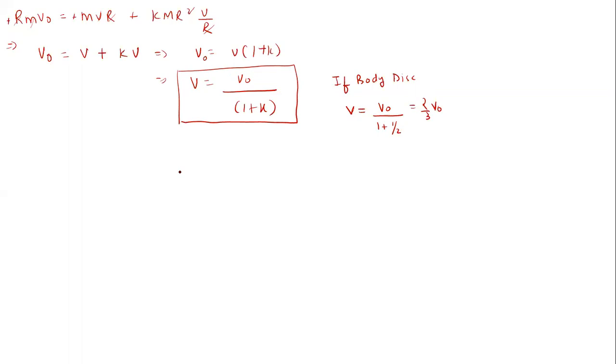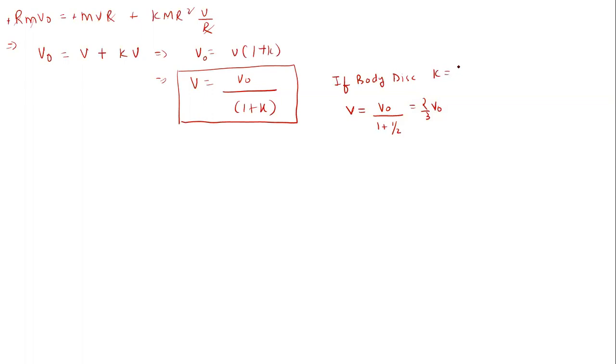If it is a solid sphere, then we can change the value of k. Did you all understand this? So we have found the velocity when it starts pure rolling, that is v equal to v naught by 1 plus k. Okay, any doubt, you ask me?